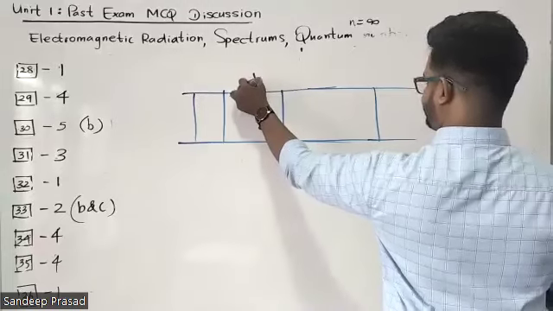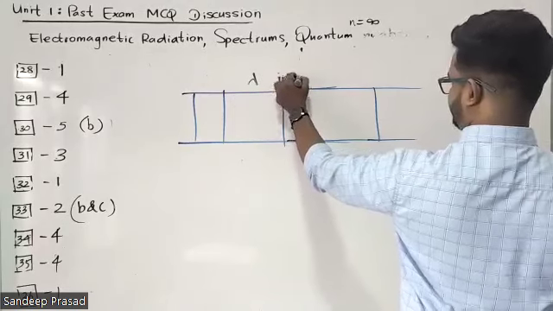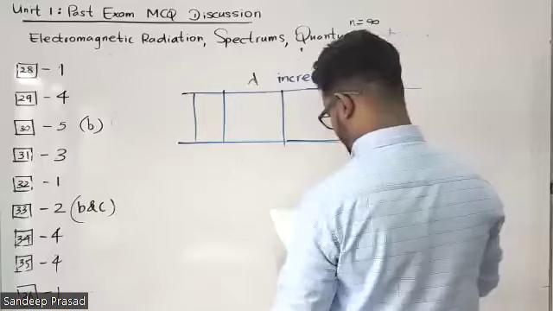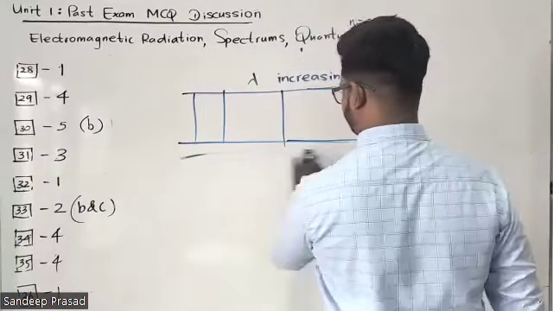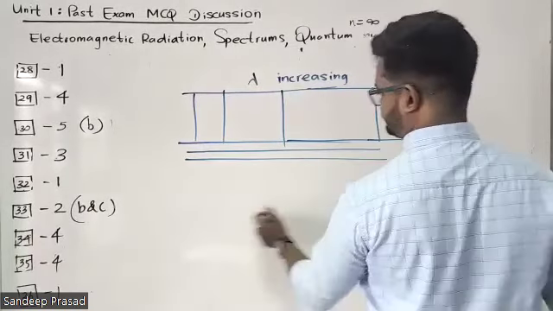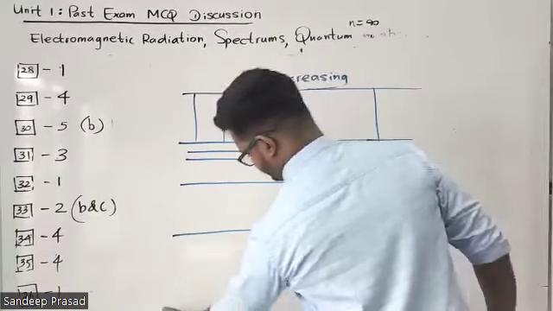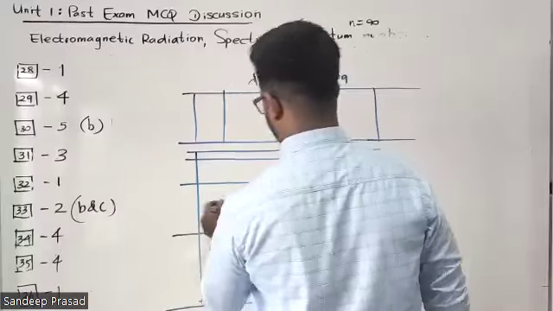So the lambda is increasing in this direction. Then we can say that the energy level diagram is in this way.